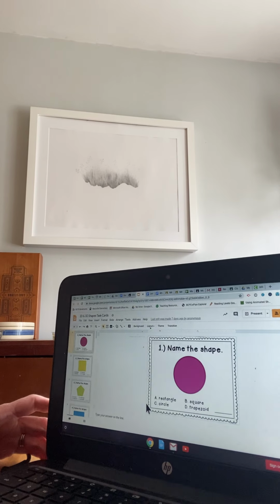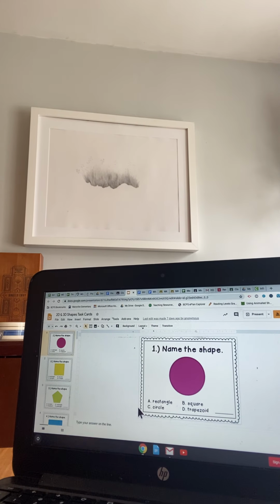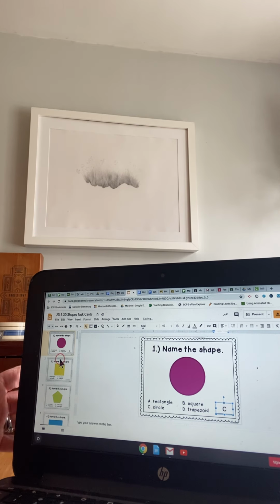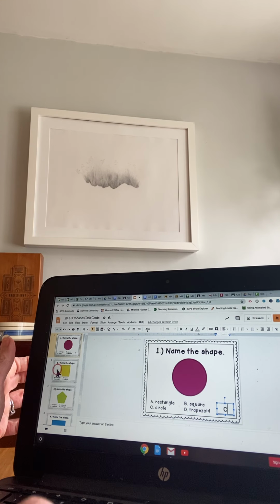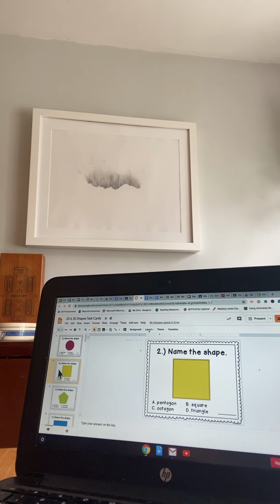It's taking a minute for it to load. Okay. So on this part, of course, this is a circle. So you should have come over here and written a C, circle, right? Okay, I'm just going to go through and name these. That one should have been B, a square. This one should have been D, a pentagon.